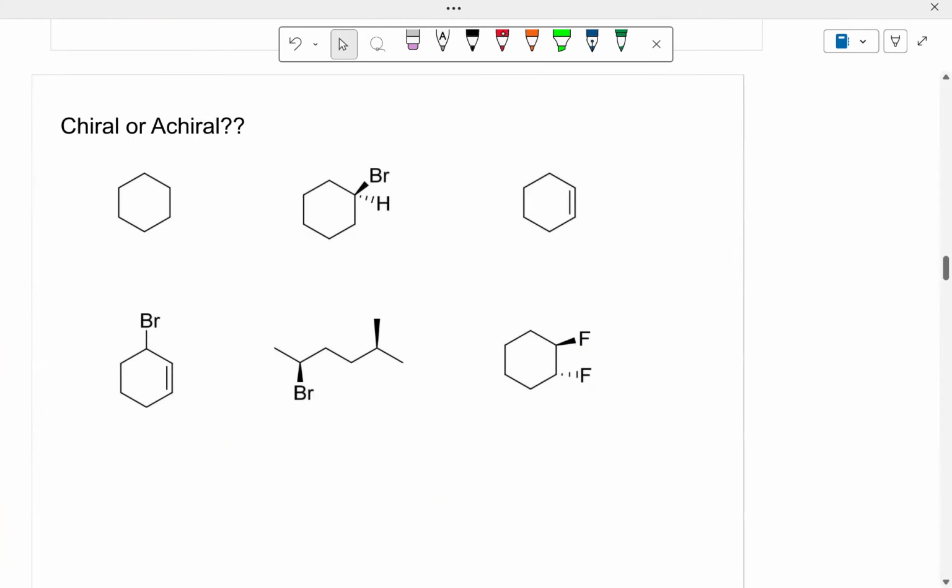All right, so let's do some practice here. Are these molecules, so we're looking at the whole thing, chiral or achiral? What are the qualifications for a whole molecule being chiral? You have to have at least one chiral center, and no symmetry.